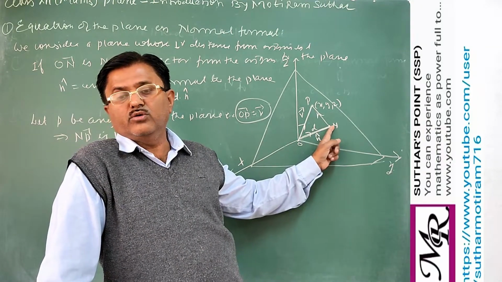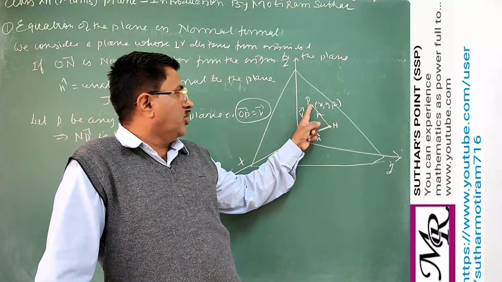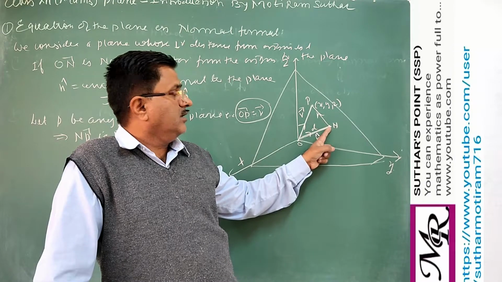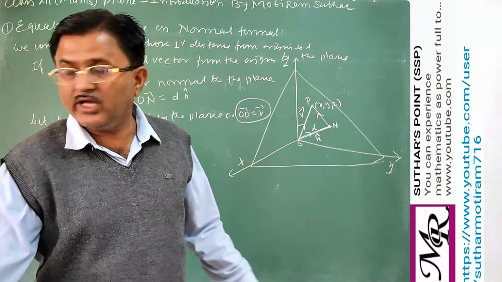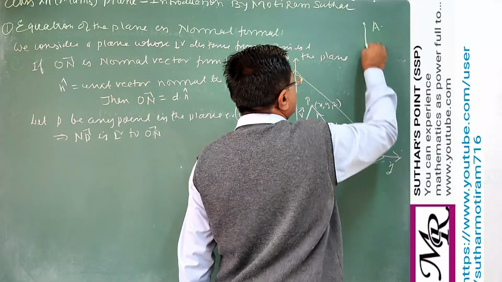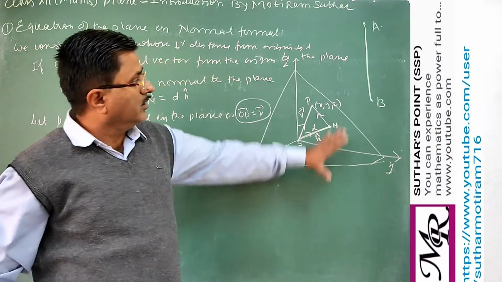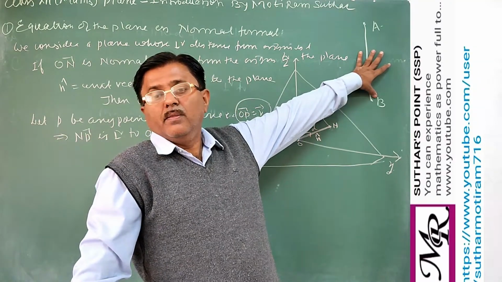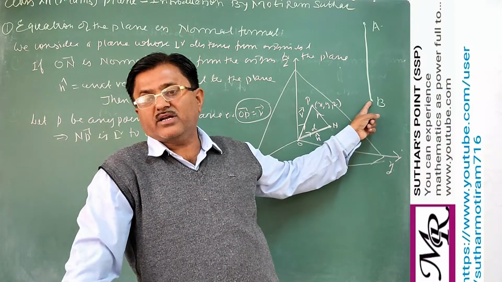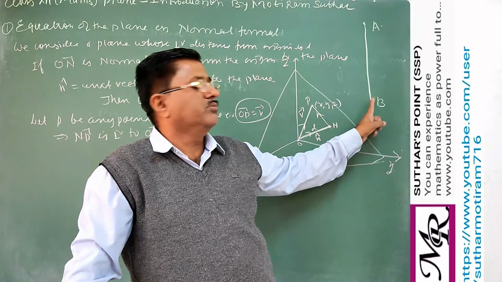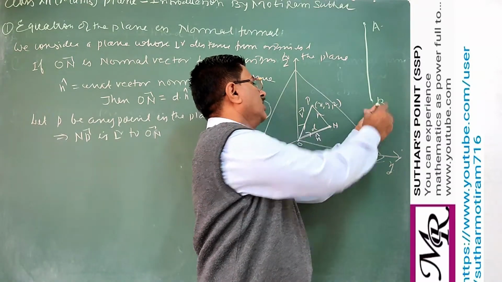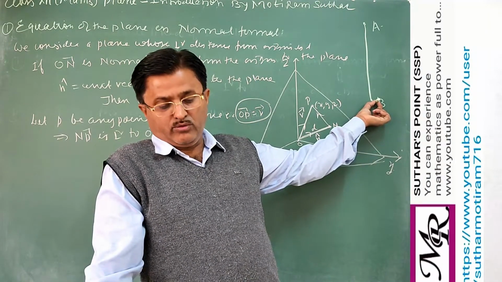Why? Because this point P is in the plane, and N is also in the plane. Suppose there are two points on the blackboard, A and B, both on the plane. Now suppose someone draws a perpendicular or normal vector from the origin to the point B, like with chalk we draw a perpendicular here.